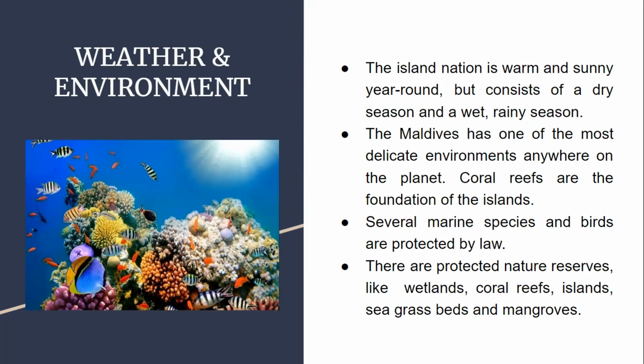Another important thing is that several marine species and birds are protected by law in this country, and there are protected nature reserves like wetlands, coral reefs, islands, seagrass beds, and mangroves.